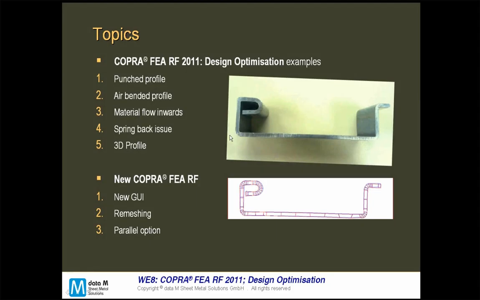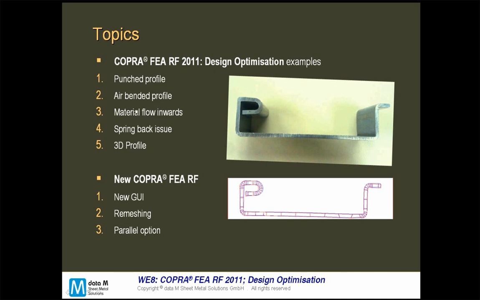So let's go back to the presentation. So the main topics we will be talking about, or the main examples, I would say, are these 5 examples we've been working on. We have a lot more, but these are the ones we can show also.